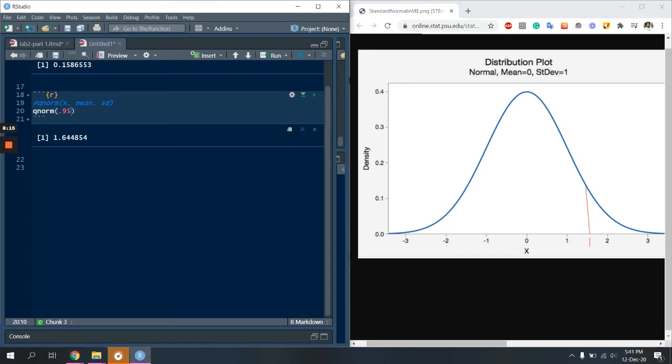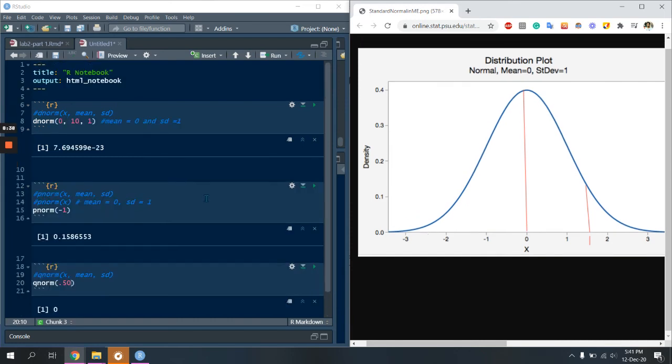So if I want to know in which value of x I have 50% of data, and I give it, it shows us 0. If I look at 0, it's 50% of data in here, so it's opposite.